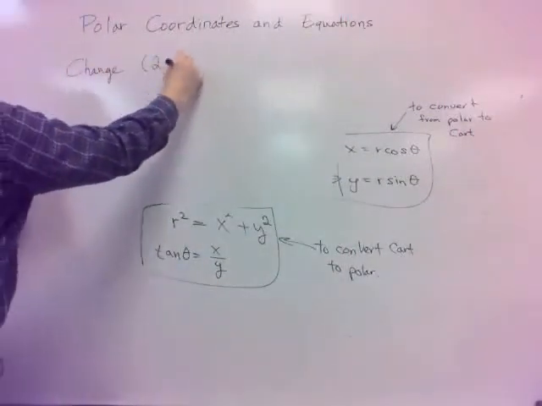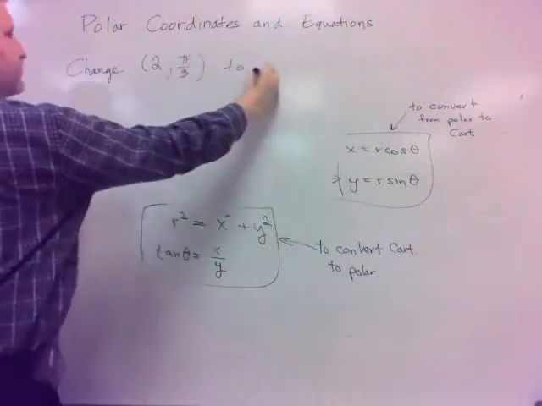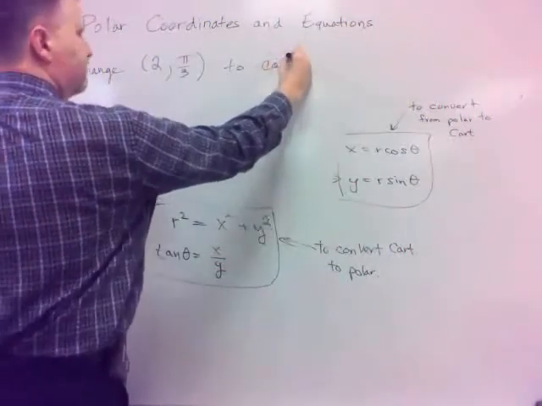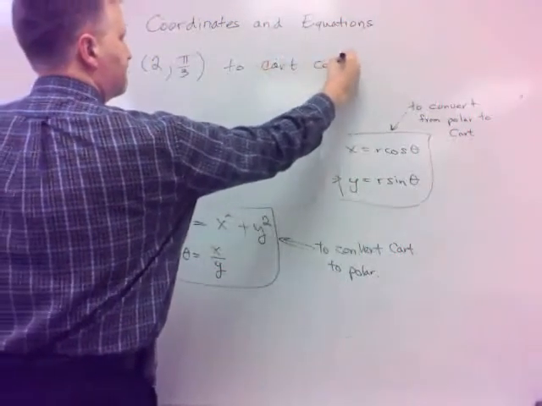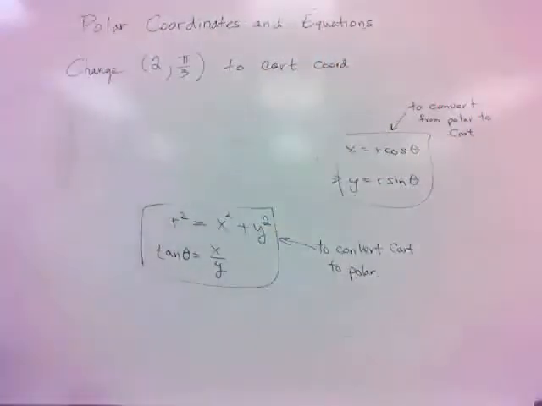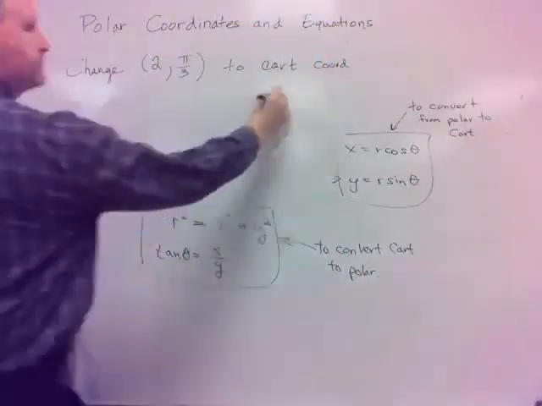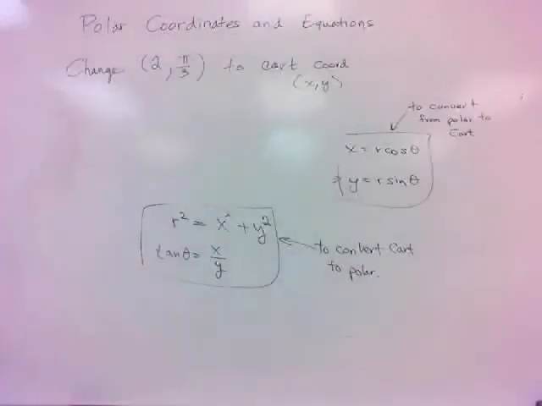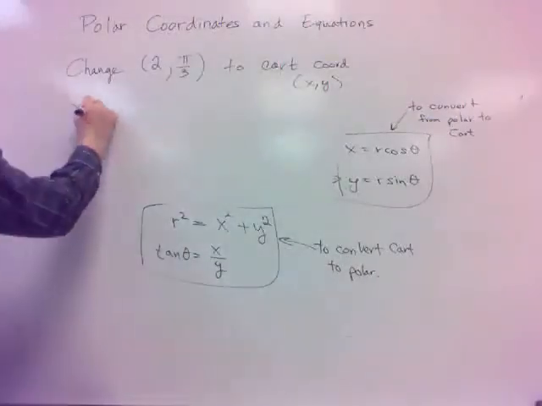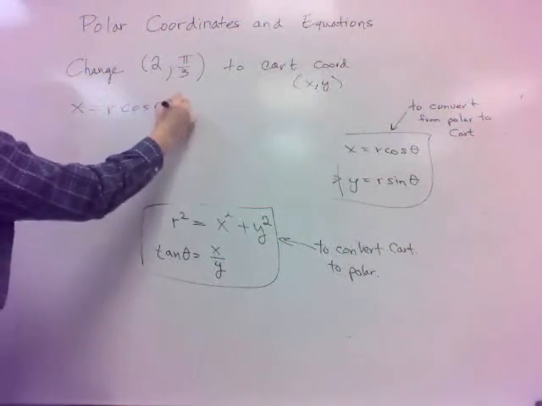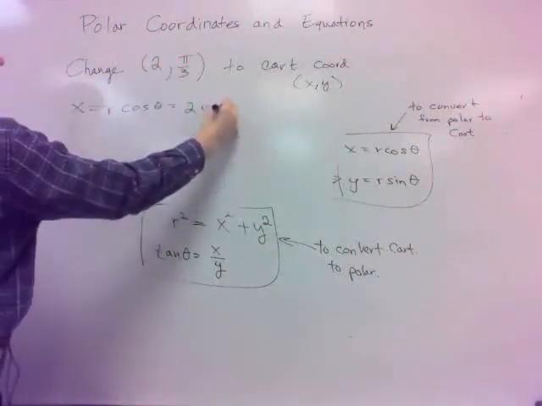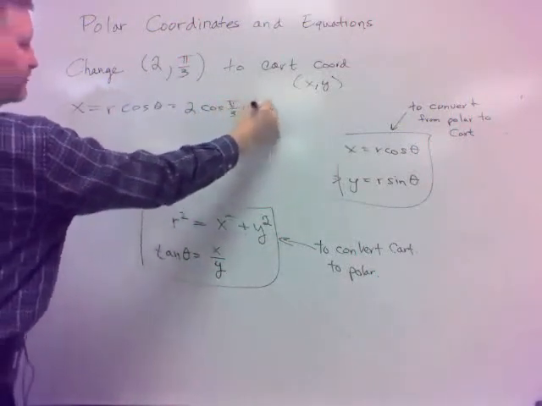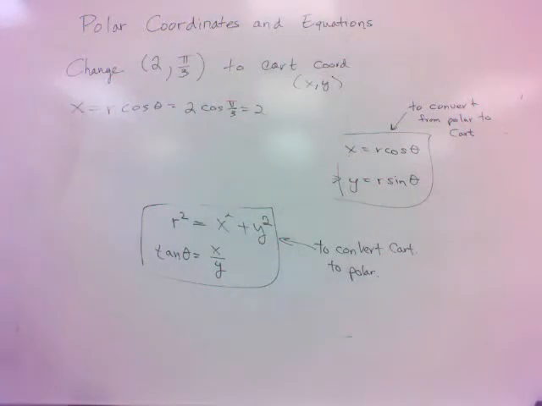2 comma pi over 3 to Cartesian. So we've got r theta, we want the x comma y. Well, like we said, x is r cosine theta. So what is that? Well, it's 2 cosine pi over 3. Cosine pi over 3, cosine of 60, it's 1/2, isn't it?